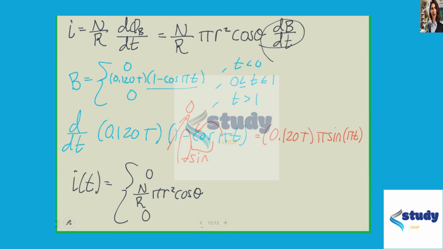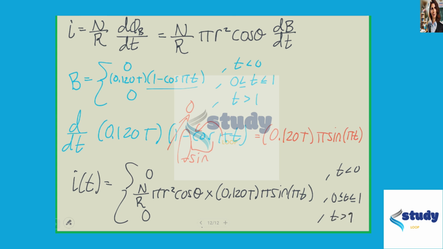And then from the derivative, we get this factor. So then that is multiplied by 0.120 Tesla pi sine pi t. And that's for t less than 0, t between 0 and 1, and t greater than 1.